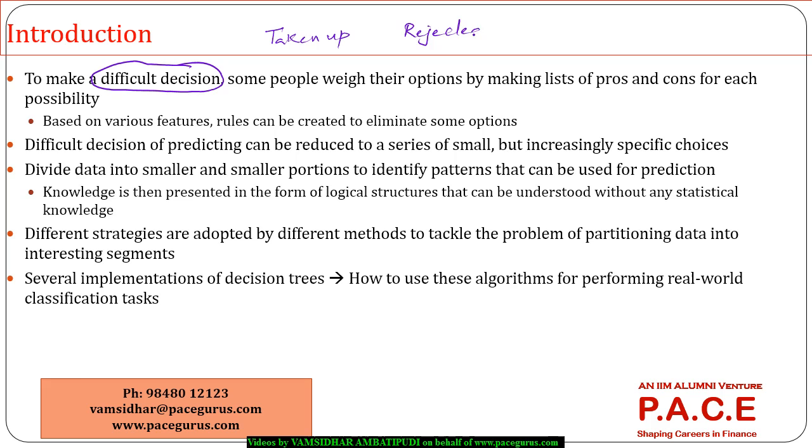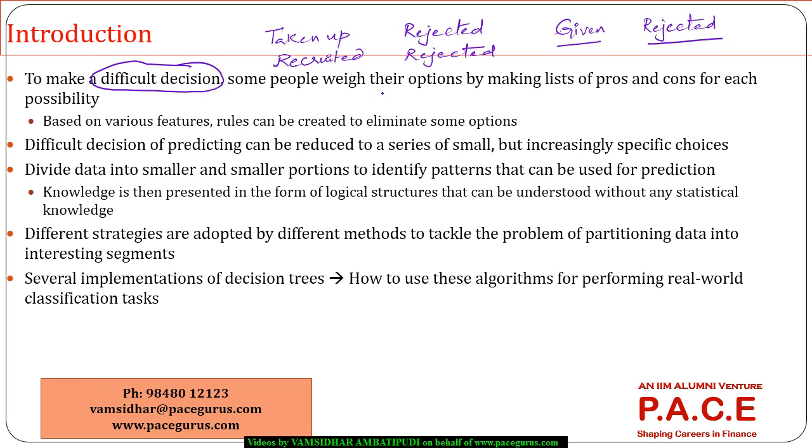Let's say I am an HR person, and I have to decide whether a particular person needs to be recruited or rejected. Or let's say I am a credit officer, and I want to decide whether a loan should be given to a particular person or rejected. These are all different kinds of difficult decisions that I am talking about.